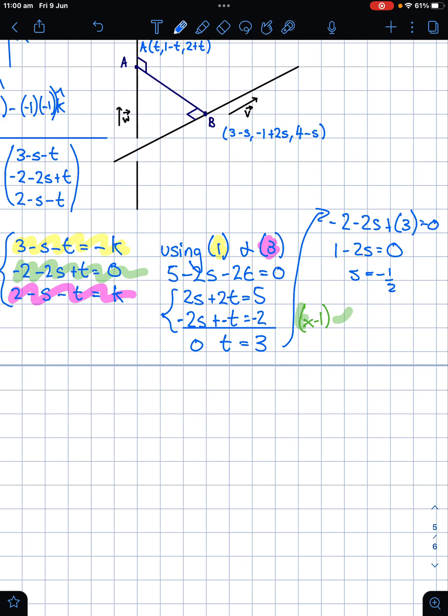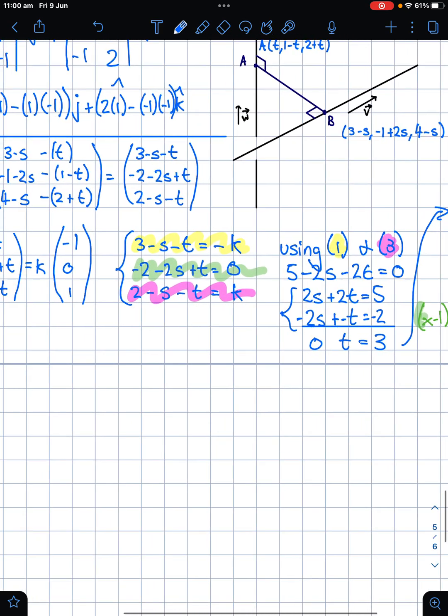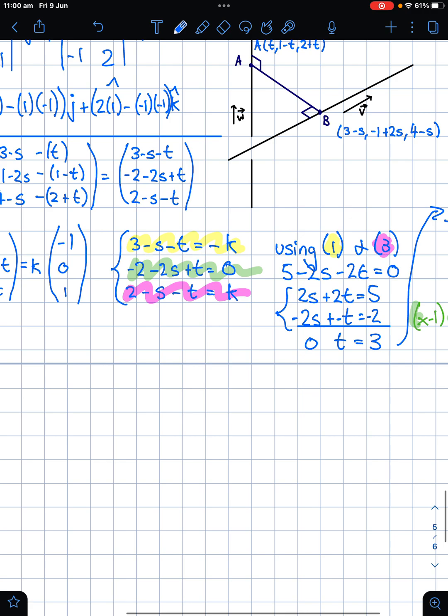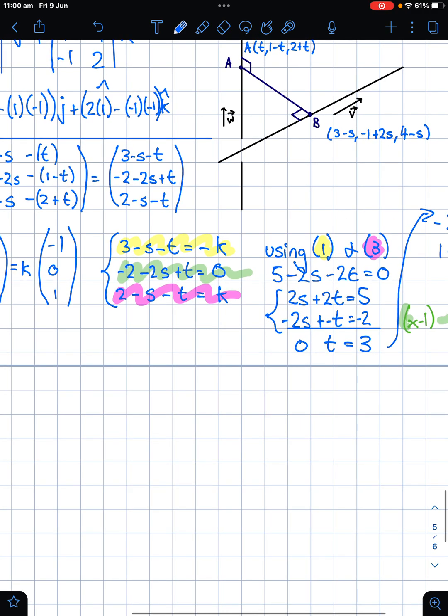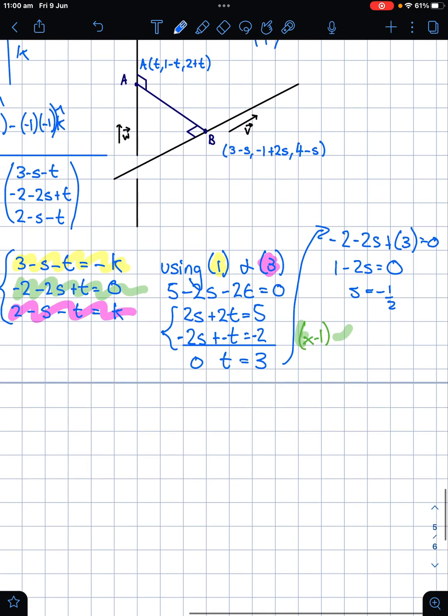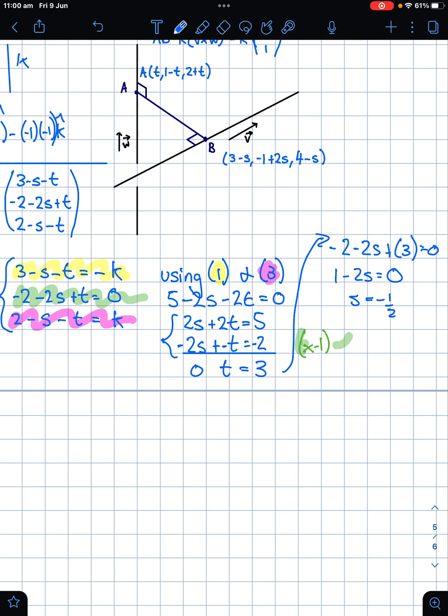So it should just be a half. Why have I got negative a half? Oh, I'm carrying this. Where did I get this? I've got a sign wrong here, I think. This is meant to be positive, which makes this positive, which makes that right. Okay, so that gives us the T and the S.